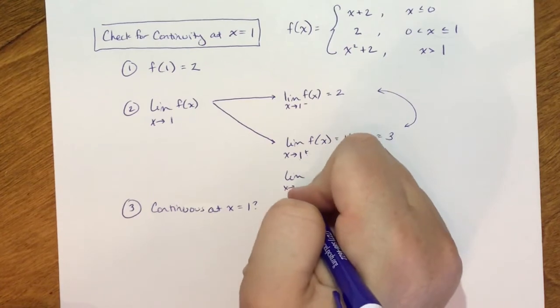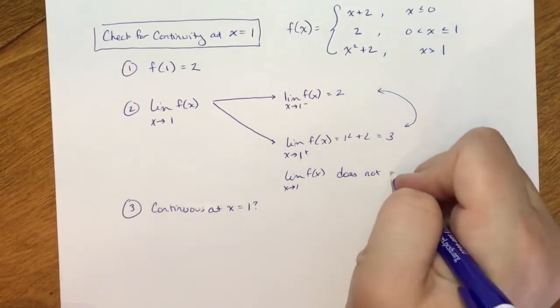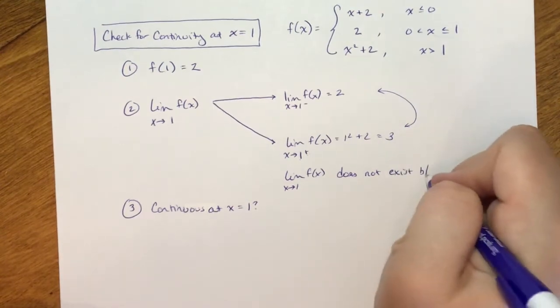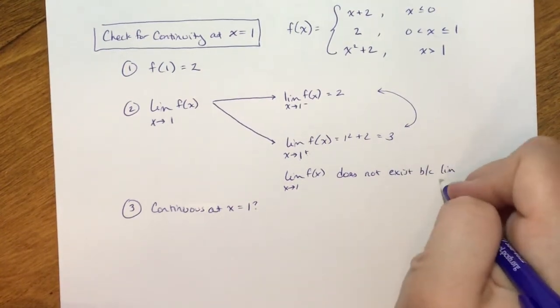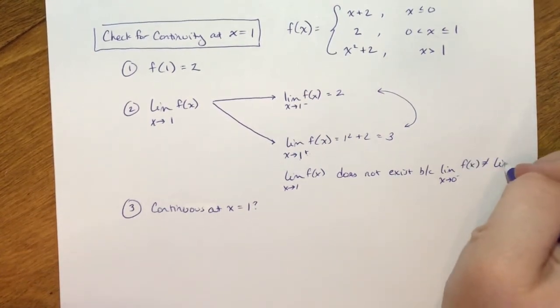The limit as x approaches 1 of f of x does not exist because the left and right hand limits don't match. The limit as x approaches 1 from the left does not equal the limit as x approaches 1 from the right.